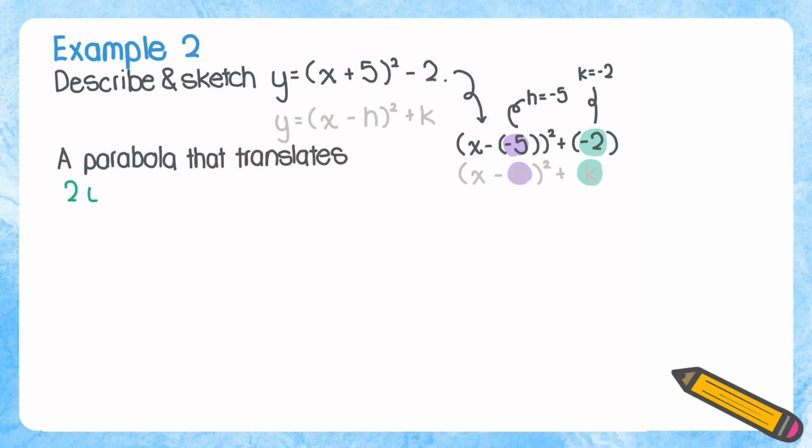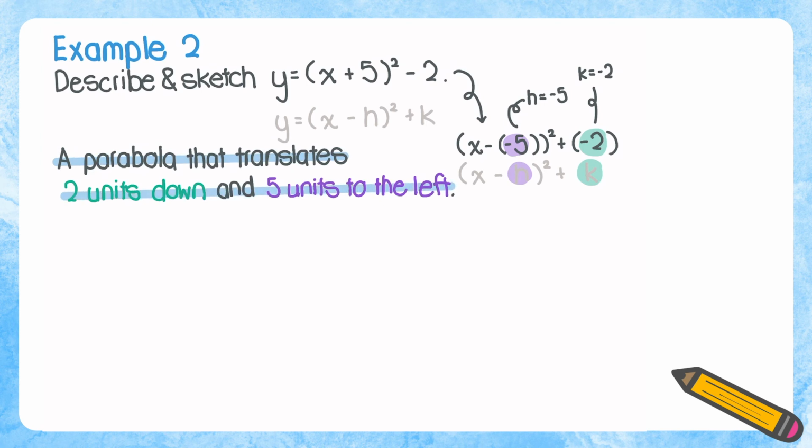Since k equals negative 2, we're translating 2 units down. And since h equals negative 5, we're translating 5 units to the left. So we're shifting the parent function 2 units down and 5 units to the left.